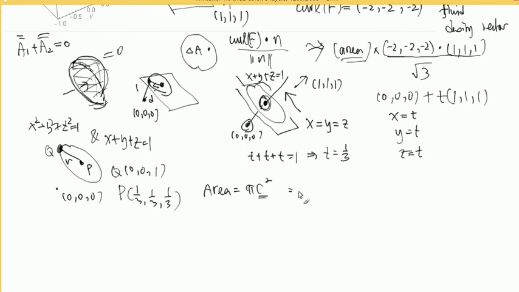What is the distance between these two? 0 minus 1/3 is 1/3 in magnitude, squared is 1/9, and the other coordinate 1 minus 1/3 is 2/3, squared is 4/9. So I claim this is r squared, the distance between these two. So pi r squared, that's the area of the circle. So altogether, what is it? 8 over 9 pi, that's the area of the circle.